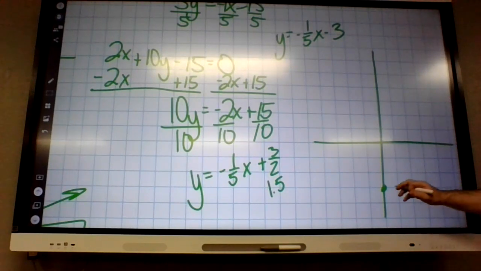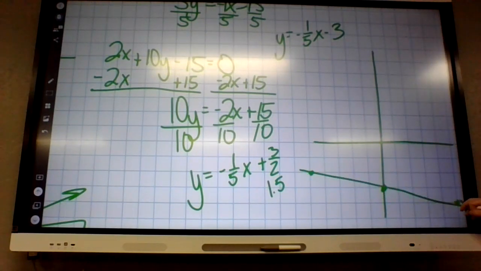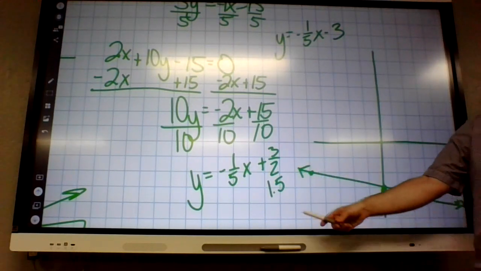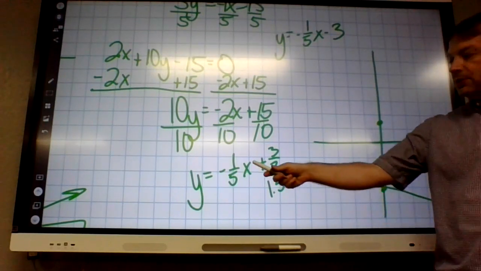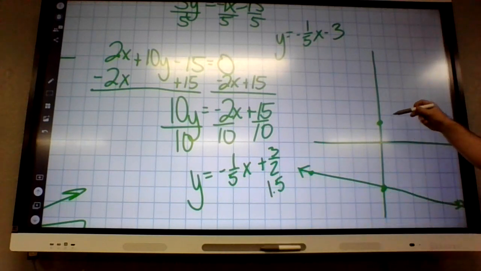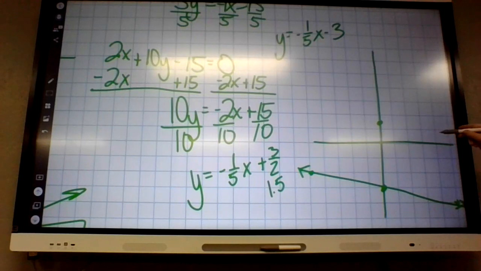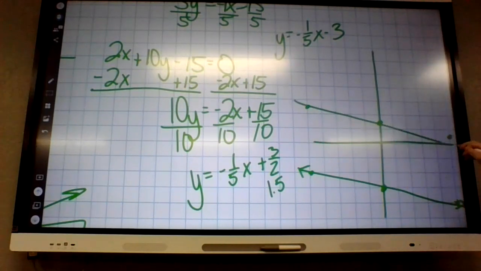Or up 1, back 5. And the second one, 3/2, is also 1.5. So we're starting at 1.5 and going down 1, right 5. If you go down 1 from there, you're still kind of in between. So it looks like that. 1, 2, 3, 4, 5.